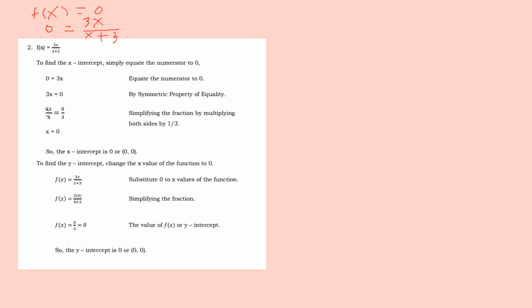So, we just equate the numerator to 0. That's a shortcut. So, that is now 0 equal to 3x. Next, we need only x to remain, so we divide both sides by 3. Dividing both sides by 3, 3x over 3 is equal to 0 over 3.